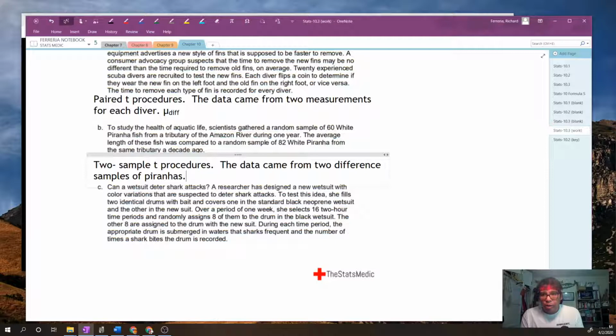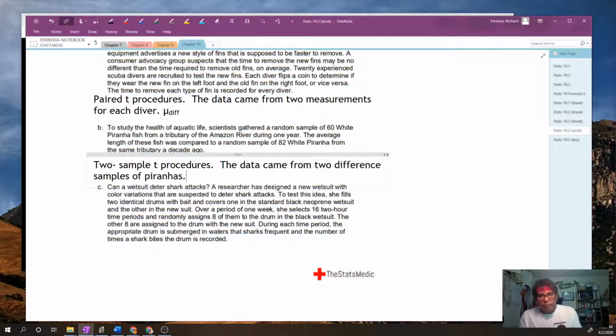After a period of 1 week, she selects 16 2-hour time periods and randomly assigns 8 of them to the drum with the black wetsuit. The other 8 are assigned to the drum with the new suit. During each time period, the appropriate drum is submerged in the water that sharks frequent, and the number of times a shark bites the drum is recorded.